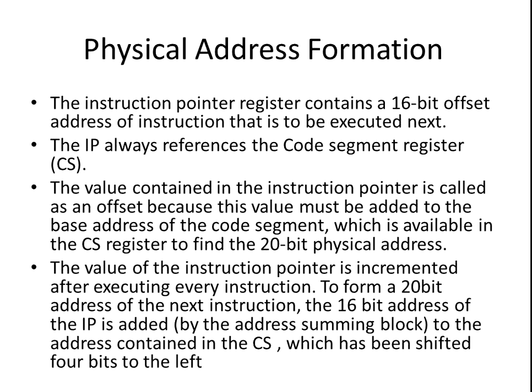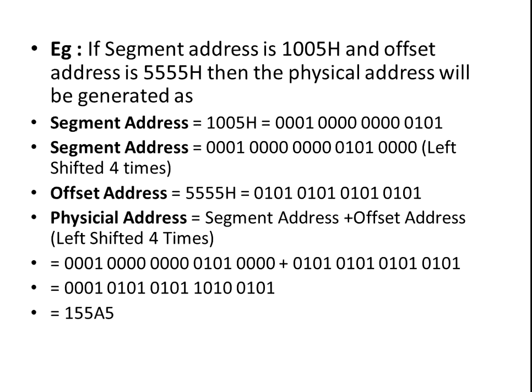So for forming the 20-bit address of the next instruction, this 16-bit address of this IP is added to the address contained in the code segment register, which has been shifted 4 bits to the left. We will discuss this with an example. Here we can see that our segment address, that is the content of the code segment register, is 100H.